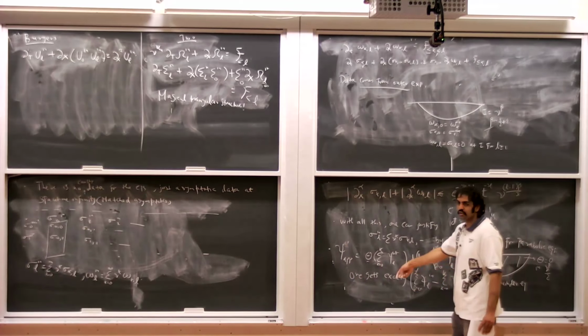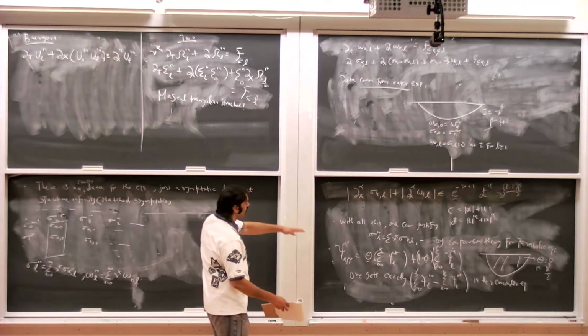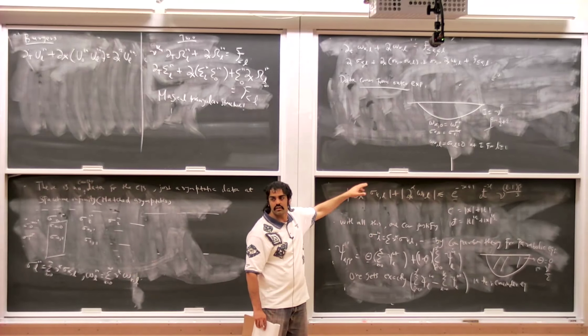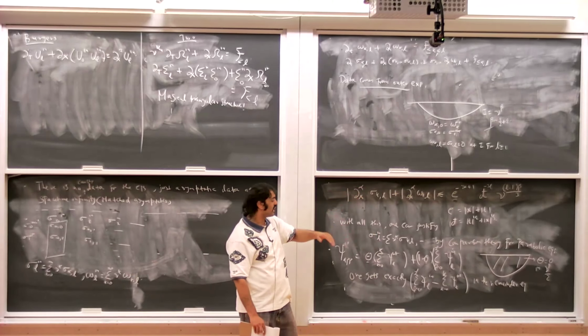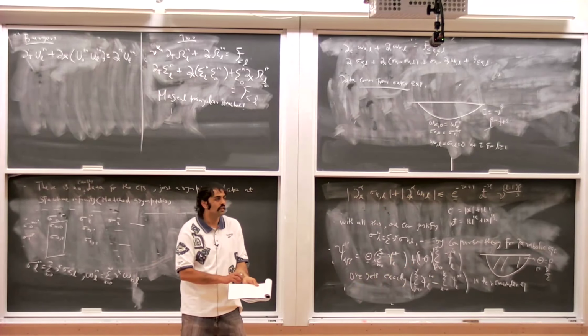So the matching is important to close, so that the remainder remains small. And once you have all of this, it's pretty standard to show that the remainder, which has 0 data and is forced by something very small, remains small for all this time.